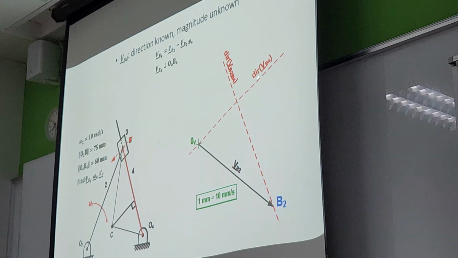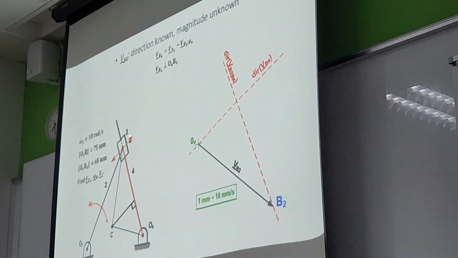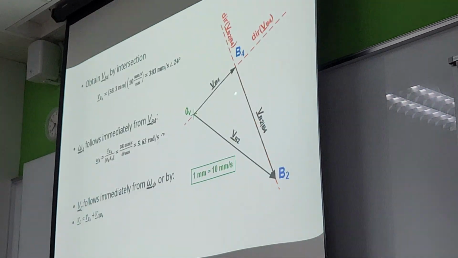Next, velocity V4. The direction of velocity V4 will be perpendicular to link 4. The direction is as shown. Now from the origin we draw the velocity V4 direction, the velocity of point B with respect to link 4. With these two red dotted lines, now you can fix it. Then you can measure velocity V4, both magnitude and direction.